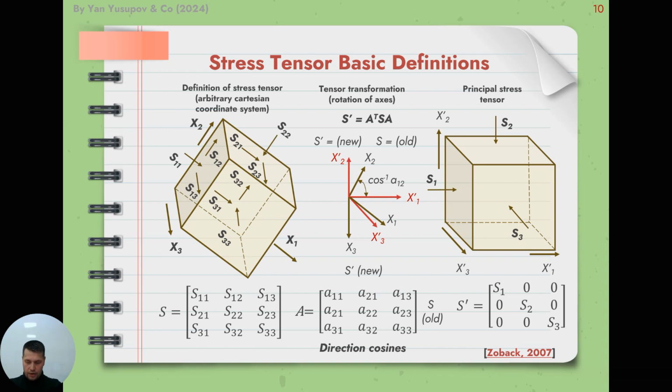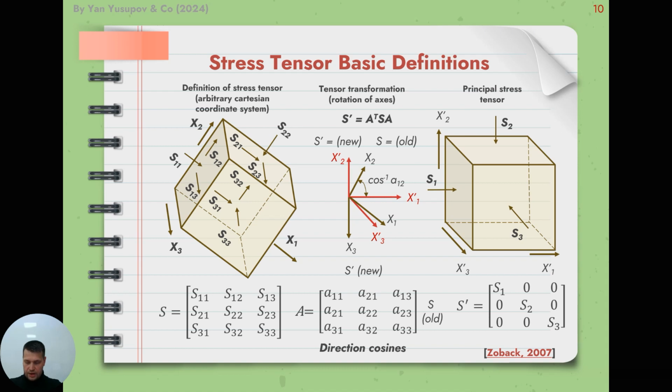The principal coordinate system is where shear stress vanishes, defined by 3 principal stresses S1, S2, and S3, which completely define the stress field. This idea is illustrated in the figure at the right of the slide.